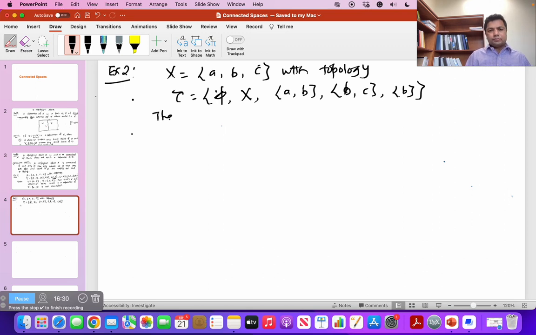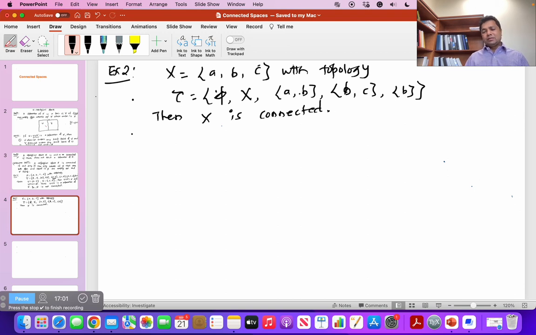Then X is connected. This is because we cannot find two non-empty open sets in X such that their union is X and their intersection is the empty set. So it's not possible to find those two sets here.